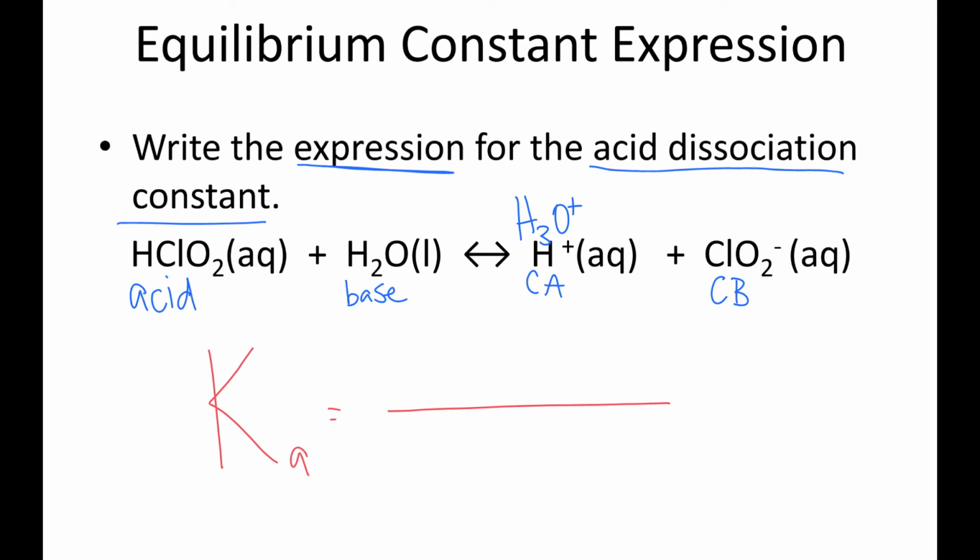Okay, in our equilibrium constant expression, you need to set your equilibrium constant, which in this case is Ka, equal to the products over the reactants. So my first product is H plus, ClO2 minus, divided by HClO2.